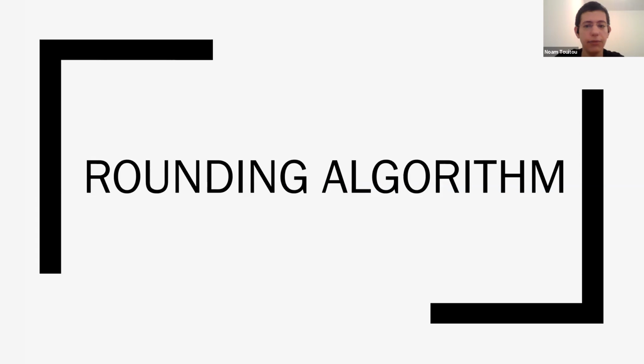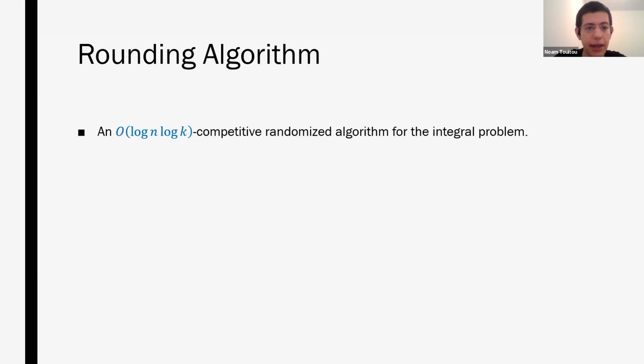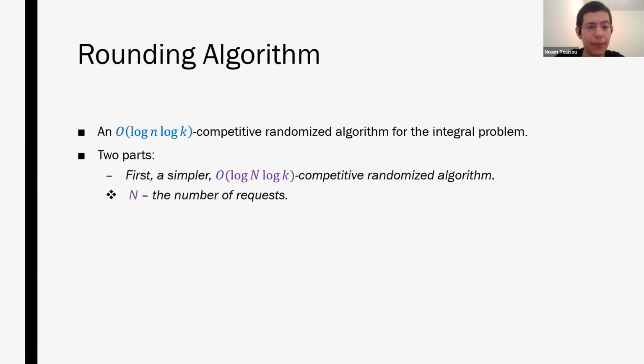Now, we have this black box of a competitive fractional algorithm, and we need to round it to obtain a randomized integral algorithm. So we need to show a rounding scheme. The end goal is to have a rounding scheme which loses log n over the underlying fractional algorithm, which would yield an O(log n log k) competitive algorithm.